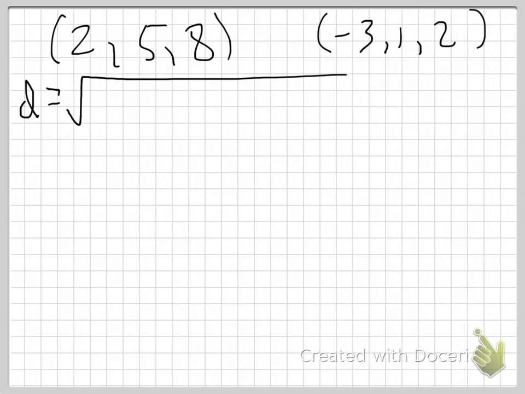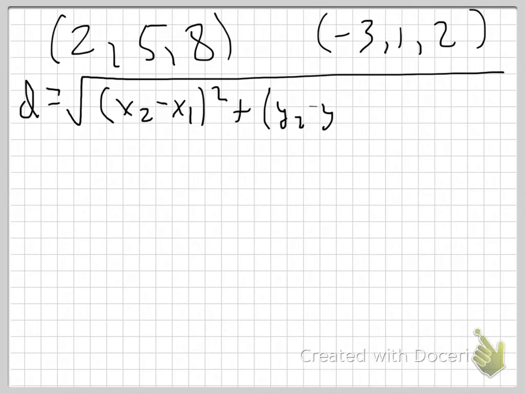It's just longer. So we subtract the x's, and then we add the subtraction of the y's once we square them, though I forgot to say squared on the x's. Okay, it looks yucky on the y's there, so I'll just erase that again.